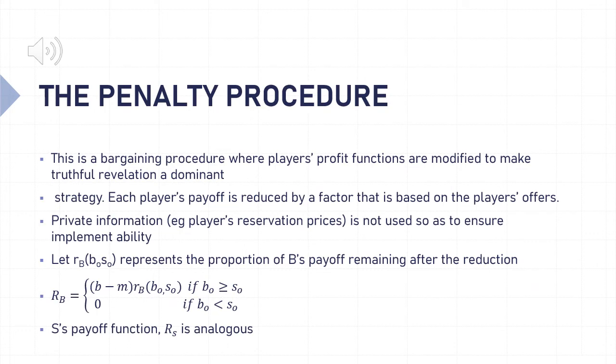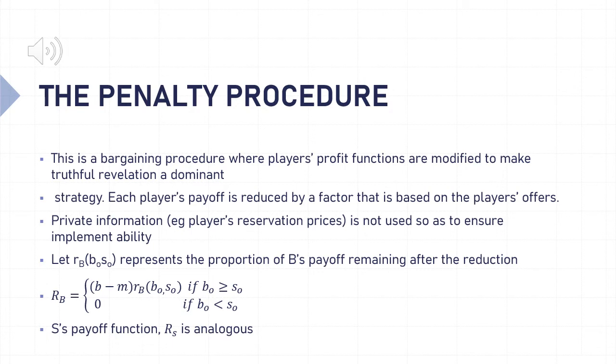The penalty procedures. This is the bargaining procedure where players' profit functions are modified to make truthful revelation a dominant strategy. Each player's payoff is reduced by a factor that is based on the player's offer.